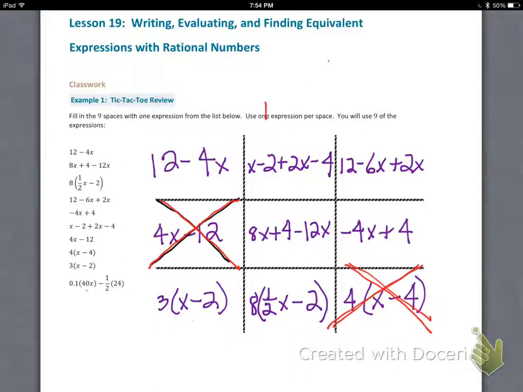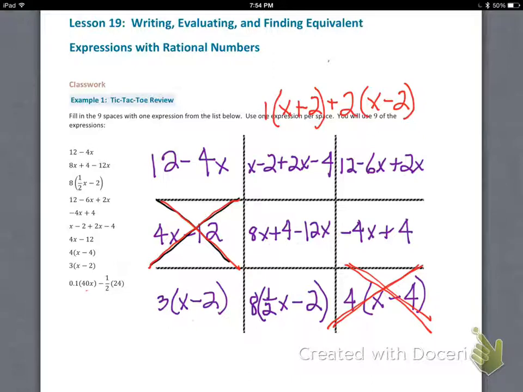It's going to be 1, and you can imagine that the 1 outside a parentheses is pretty useless, but it's there anyway, just to see if you can work with it. So we have 1 parentheses x plus 2 plus 2 parentheses x minus 2. Go ahead and work that one out.